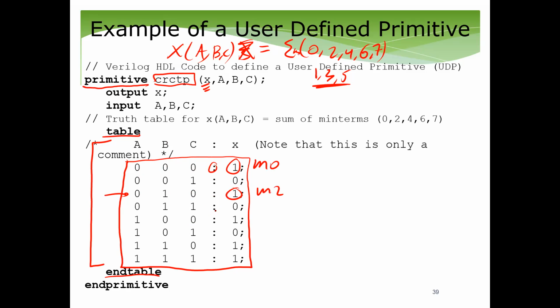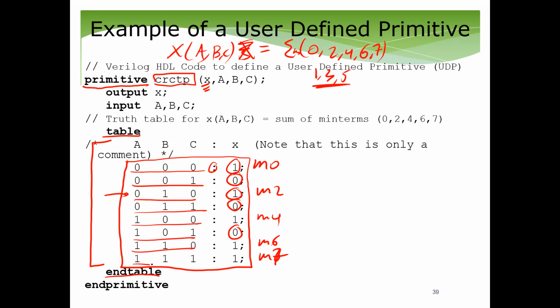We're going to have output 1. For 1, 0, 0, which is M4. And then here we have M6 and M7. Everything else will have output 0. Also make sure that these are in order. 0, 1, 2, 3, 4, 5, 6, 7, exactly just as you write your truth table.